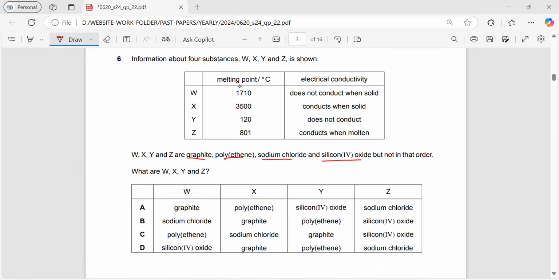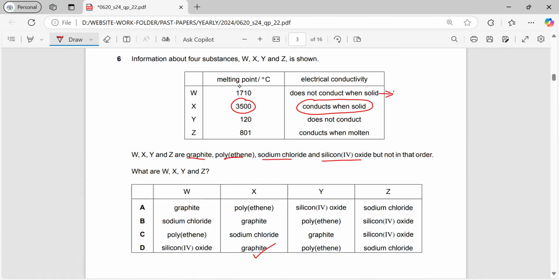As we can see, for X, its melting point is very, very high and it conducts when solid. So it could be graphite. For W, its melting point is high, but it does not conduct when solid.